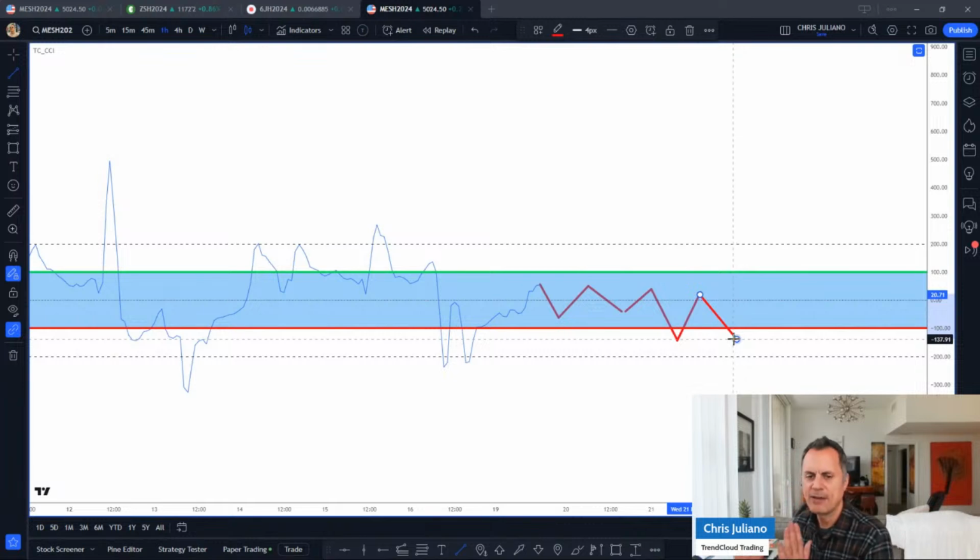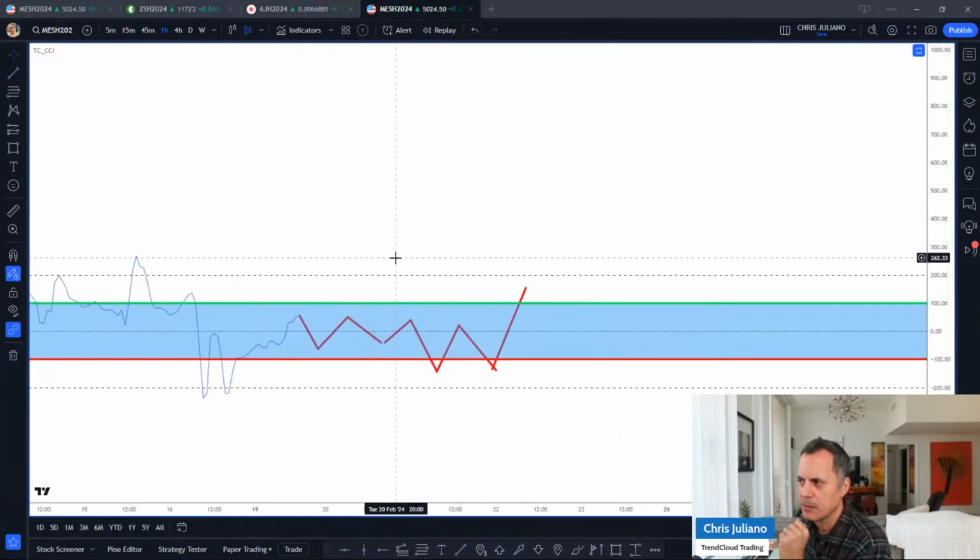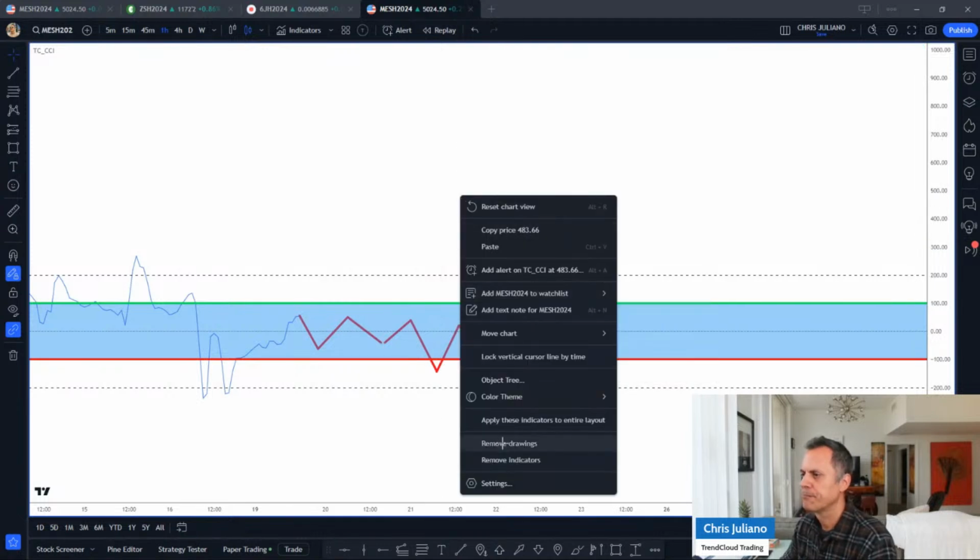That's how you know you have strength to the downside. Once it breaks to the upside for the first time, that's when you know momentum has shifted. So until that happens, momentum is stronger to the downside.